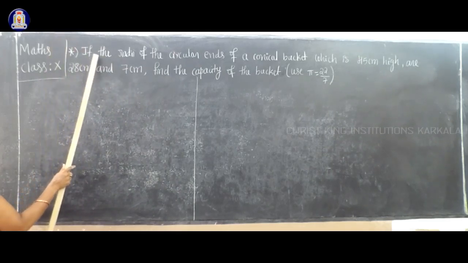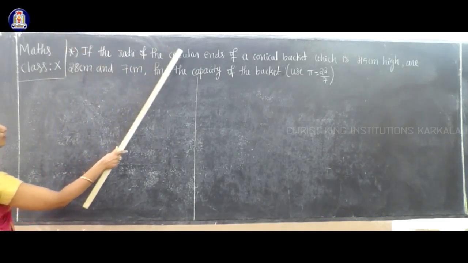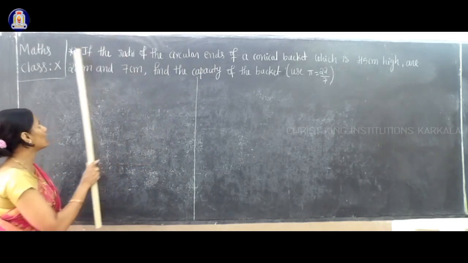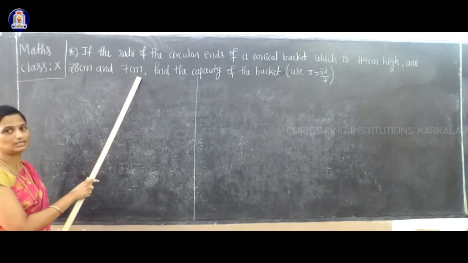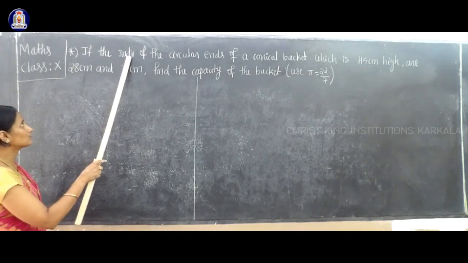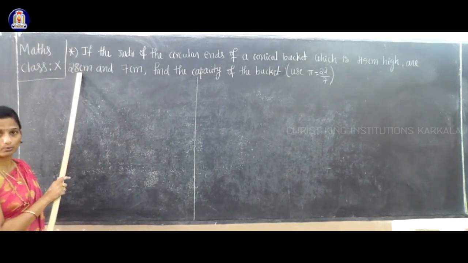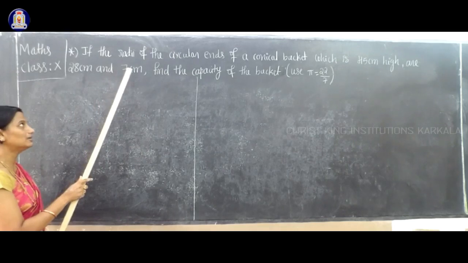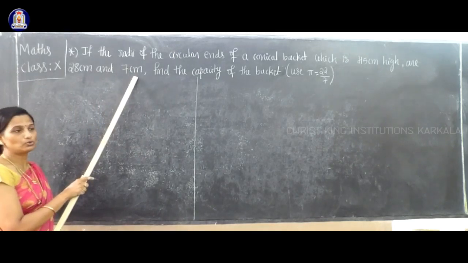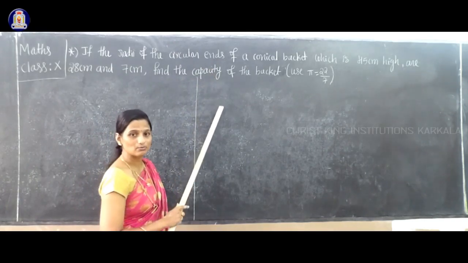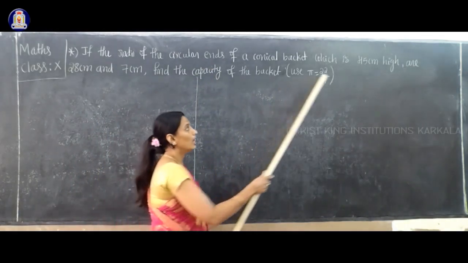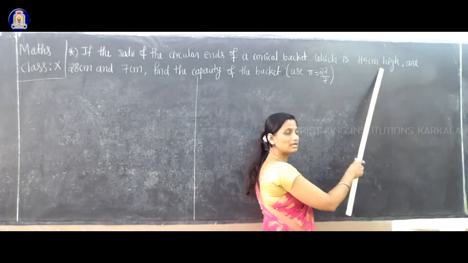So what is given? The radii of the circular ends are 28 centimeter and 7 centimeter. So R1 is equal to 28 centimeter, R2 is equal to 7 centimeter, and the height is 45 centimeter.